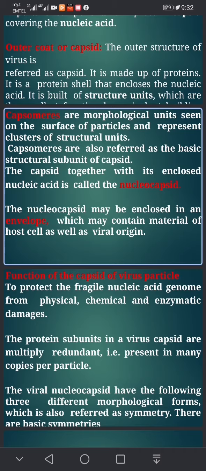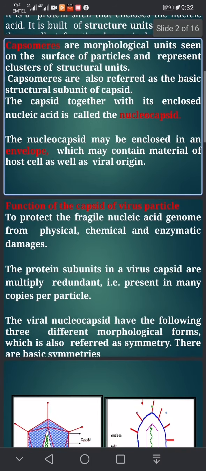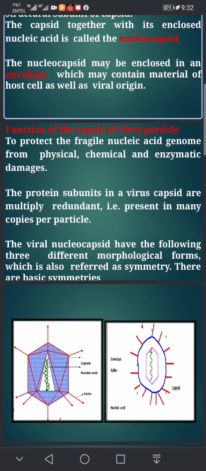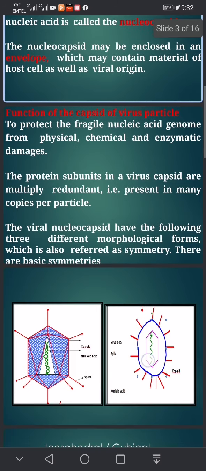The nucleocapsid may be enclosed in an envelope, which may contain material of the host cell as well as of viral origin. The function of the capsid of the virus particle is to protect the nucleic acid genome from physical, chemical, and enzymatic damage.